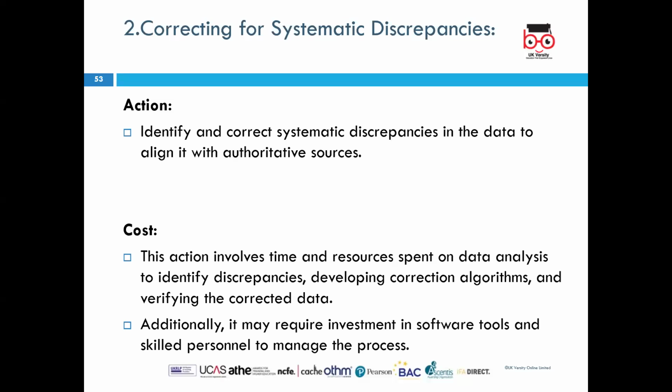When it comes to correcting systematic discrepancies, the action that we are required to do is to identify and correct the systematic discrepancies in the data, which we have to align with authoritative sources.